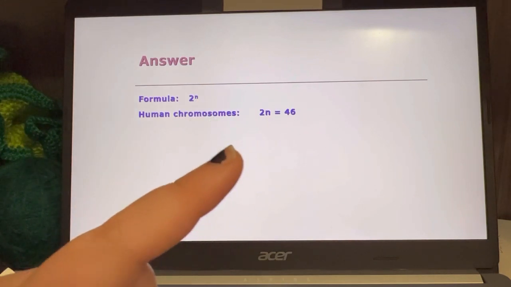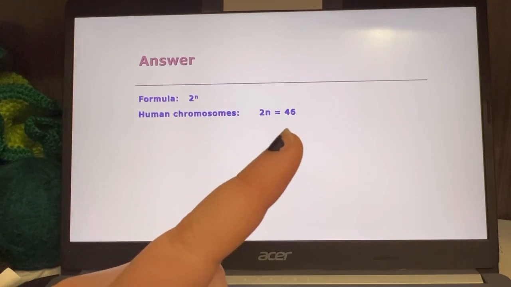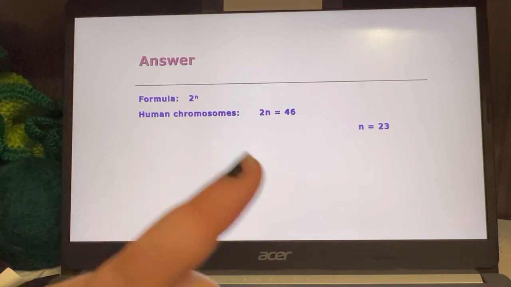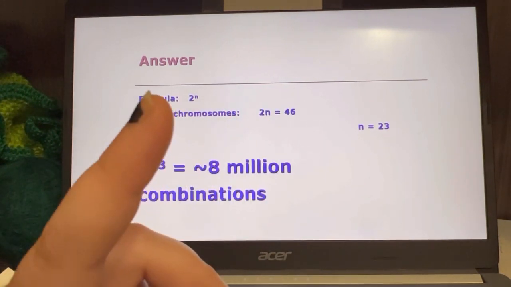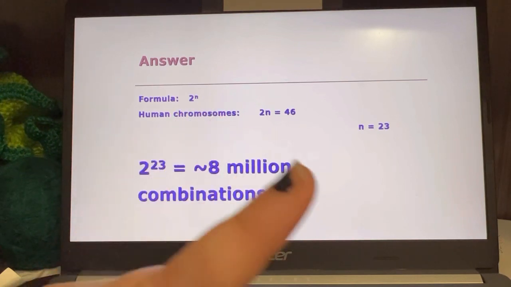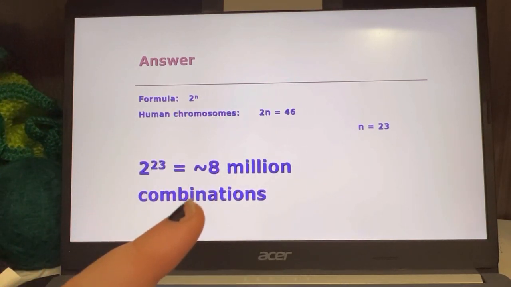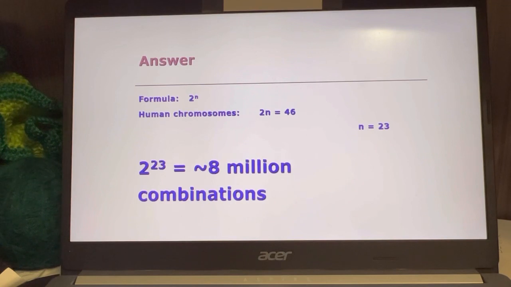In human chromosomes, 2n is 46, so n by itself is 23. If we punch that into the formula, 2 to the power of 23 is approximately 8 million combinations we can get from how they line up on the metaphase plate. Okay?